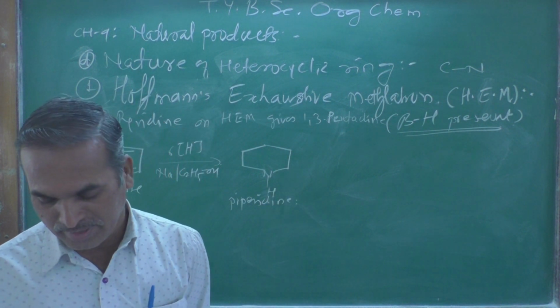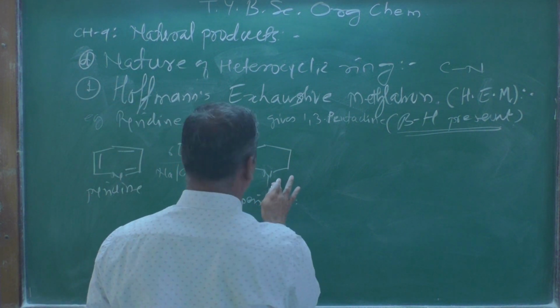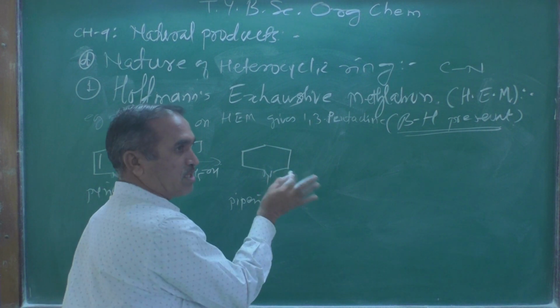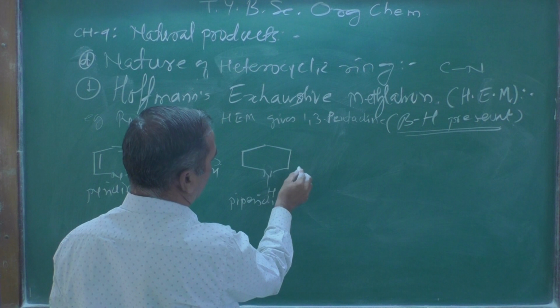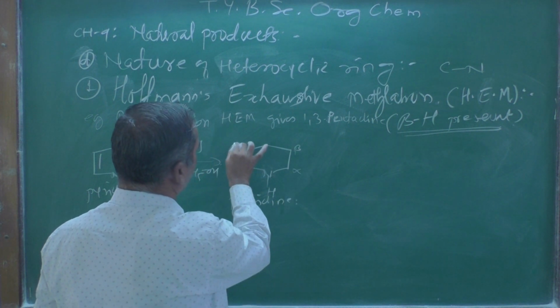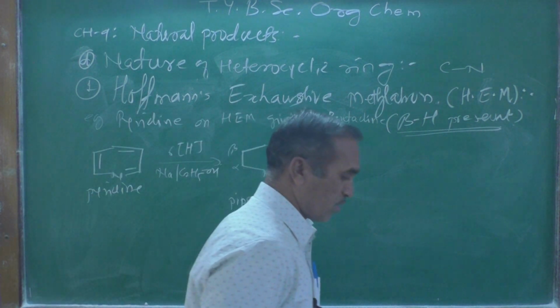Now look at this, remember this is the heteroatom, the nitrogen atom, and this corner is a carbon atom. This is alpha, and the next one is called beta. This is also one more beta. Look at the beta position, there are two hydrogen atoms.